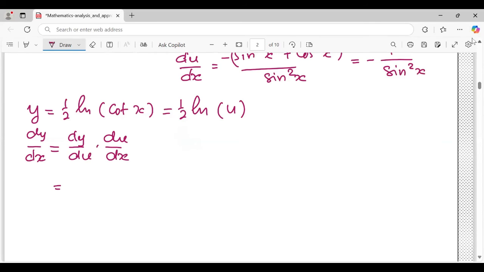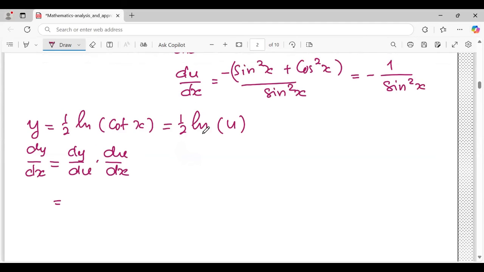This one is already du/dx, while dy/du, if this is y, so it means dy/du is half, 1 over u, or 1 over 2u.